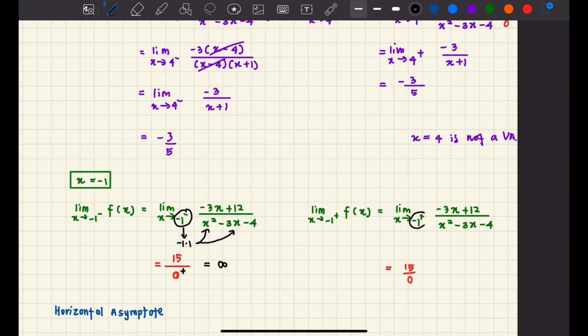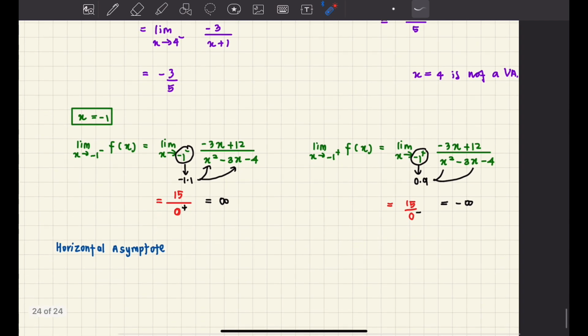So negative 1 positive, maksudnya kita akan guna value of negative 0.9. Okay, so substitute into this one, right? And then from here, I believe you will have 0 minus. Okay, so 0 minus will give you the value of negative infinity. So just remember, over here is plus, over here is minus, then it's gonna be minus. Kalau dekat sini plus, dekat sini plus, dekat sini pun plus. Macam tu lah. Okay, settle.